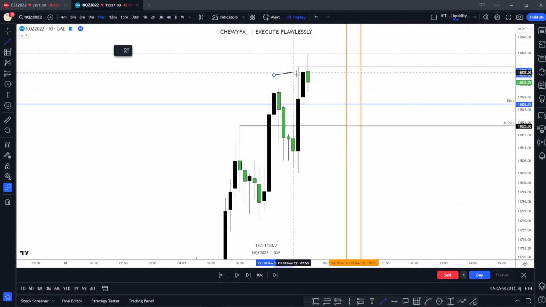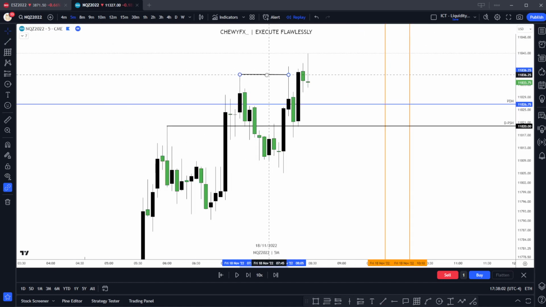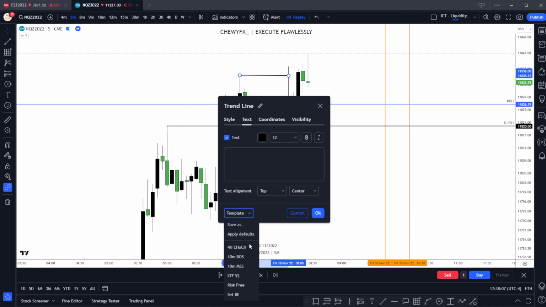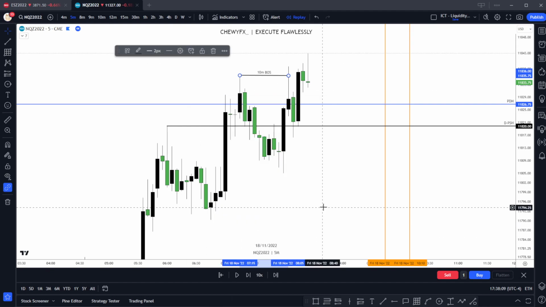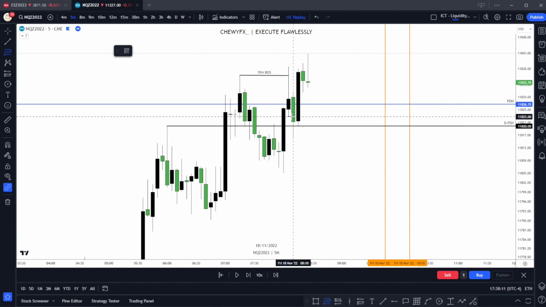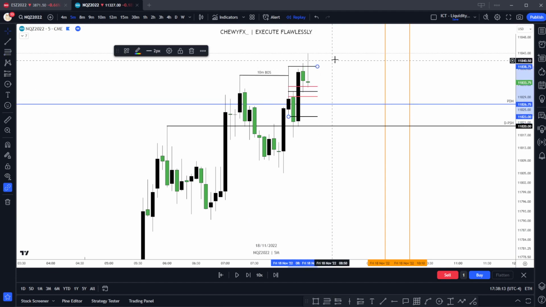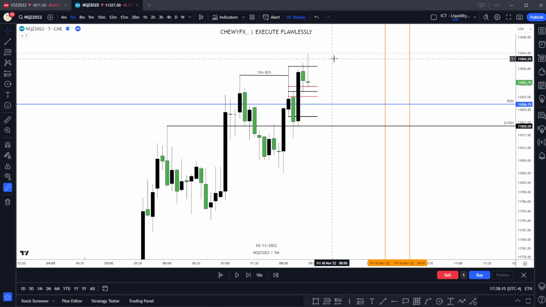So we'll draw up our break of structure, which we want to identify using the 5-minute time frame. We can see, let's just mark it up here, break of structure. Using the fib strength tool, we can see that the candle is not breaking above the red line.